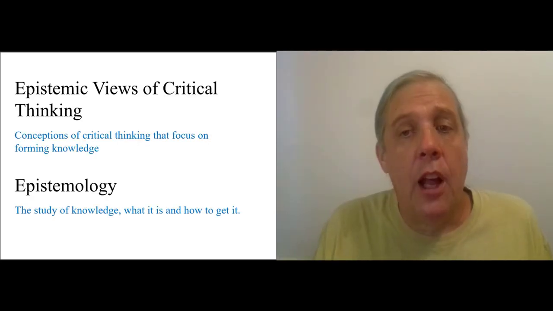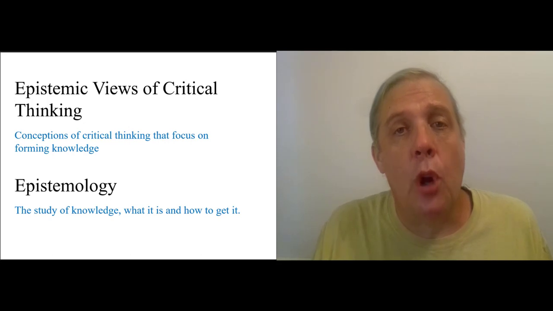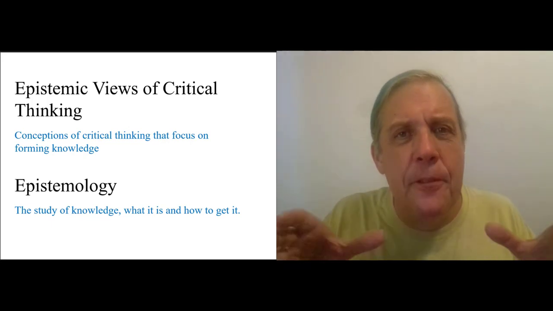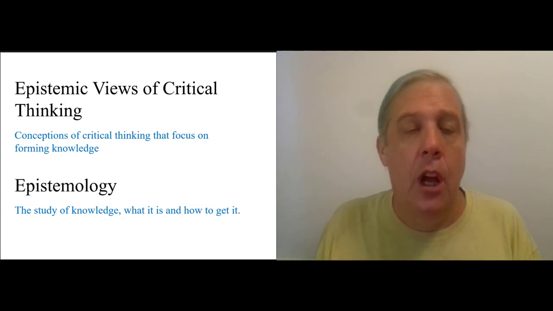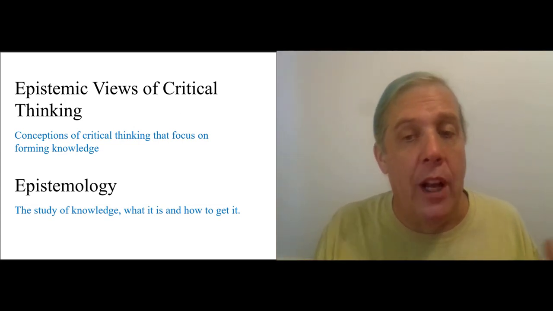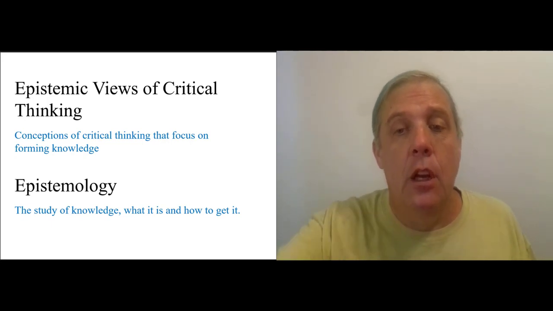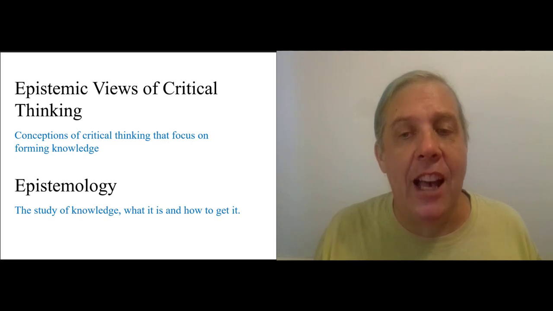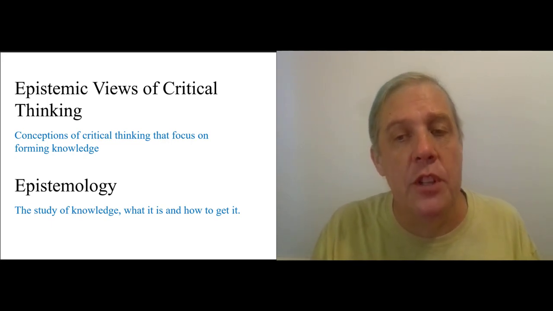Remember in the last class, we said that we were working with a broadly epistemological approach to critical thinking. Epistemic conceptions of critical thinking are those that focus on the kinds of thinking that lead to knowledge. And epistemology in general is just the study of knowledge, what it is and how we get it. In the traditional approach to critical thinking, we stay as close as we can to this original mission by focusing on arguments and giving evidence.